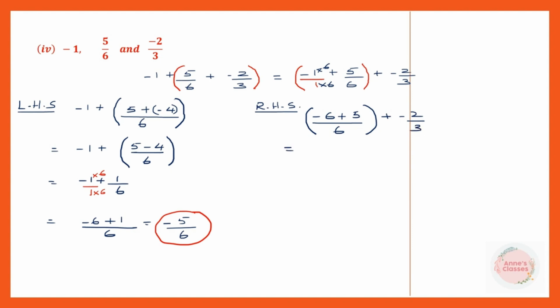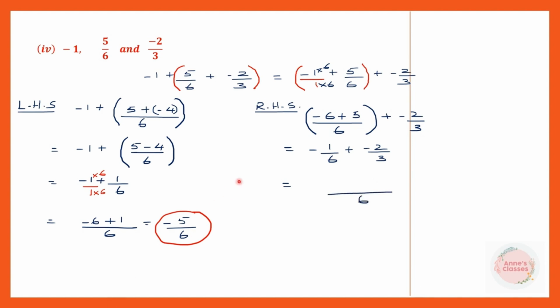So here let's work out minus 6 plus 5. Signs are different, so let's put the sign of the bigger number and subtract. So it's minus 1 by 6, and on the other side we have plus minus 2 by 3. Now we're going to find the LCM of the denominator 6 and 3, and the LCM is 6.